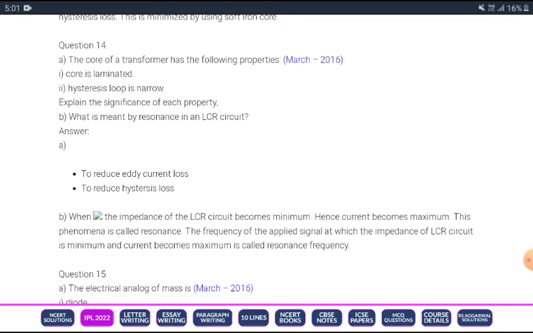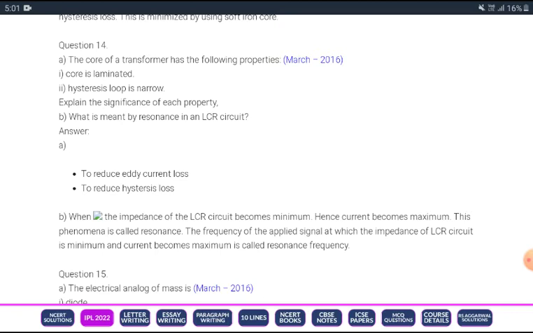And what is meant by resonance in an LCR circuit? When the impedance of the LCR circuit becomes minimum, hence the current becomes maximum, this phenomenon is called resonance.